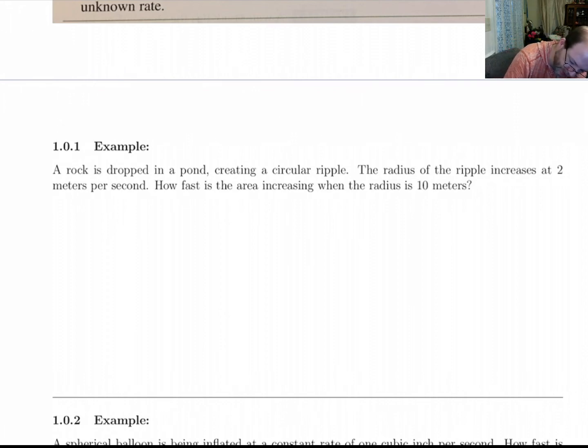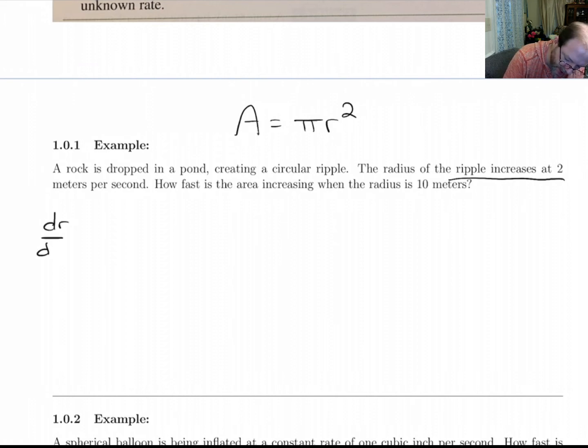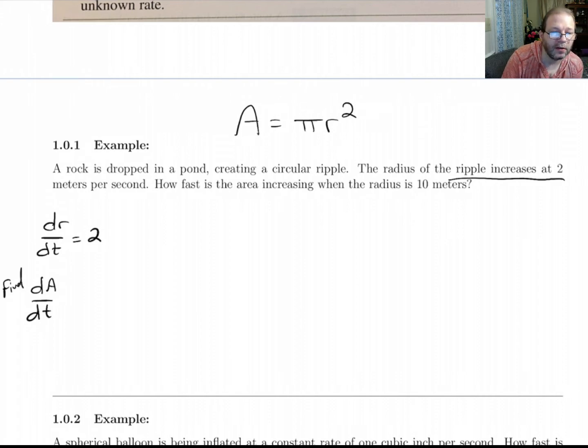The area of a circle is pi r squared. They tell us the radius is increasing at 2 meters per second, so dr/dt is 2. And they want us to find dA/dt when r is 10.